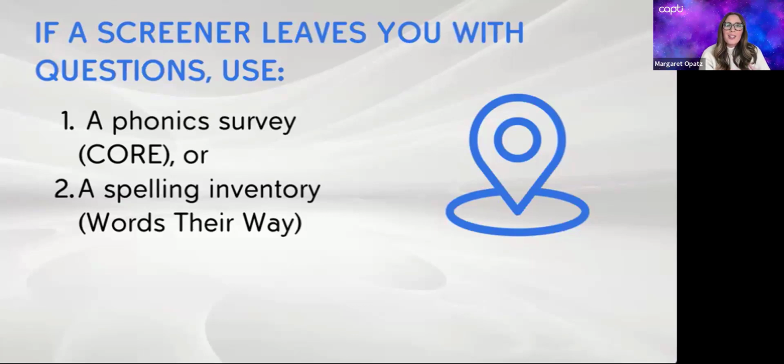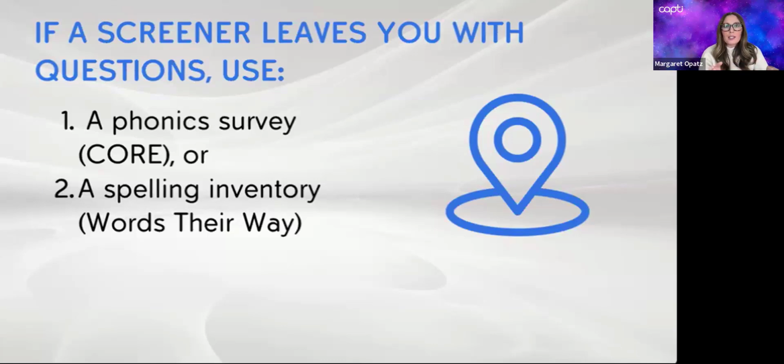For the most part, an adolescent reader likely has that sound to letter correspondence that they get from the early years of instruction. That's not always the case. So I would definitely suggest, if the phonics survey does say start with phonics, like the very foundational phonics, start there. But what we typically find is that students have a pretty good grasp of that sound to letter correspondence.